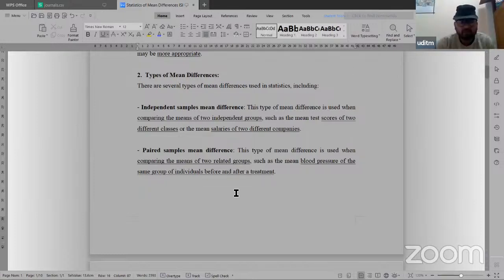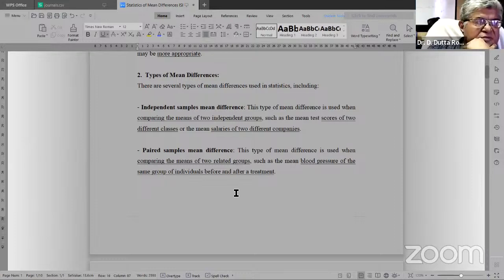Okay, sir. Independent group mean difference is used when comparing two independent groups. Those groups are not related to each other, sir. Like we can take an example of students studying in two classes, first in class 7 and second in class 9. These students of these two classes will not be related to each other, so they will be independent samples.